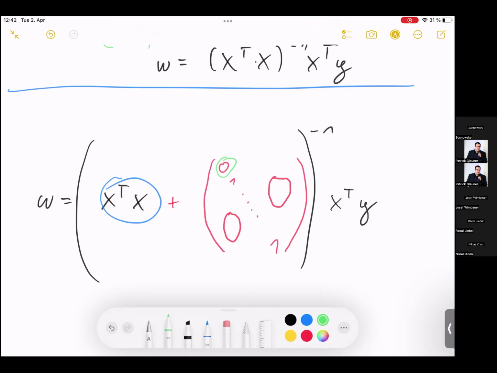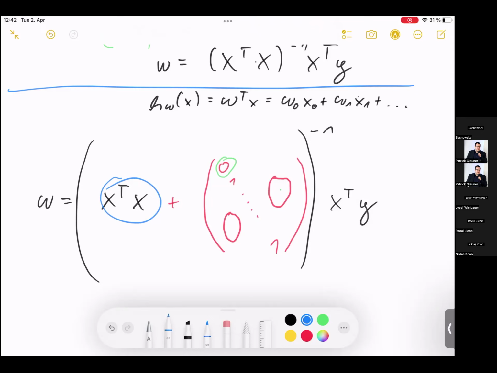Why do I have a 0 in the first element? Remember, this first feature was always 1, because we said that's just this 1 we multiply with the y-intercept. I had this in the slides before, but I'll quickly go back so we're all on the same page. Because remember, my hypothesis was something like this. I said the weight vector times x, and concretely that's weight 0 times x0 plus weight 1 times x1, and so forth.